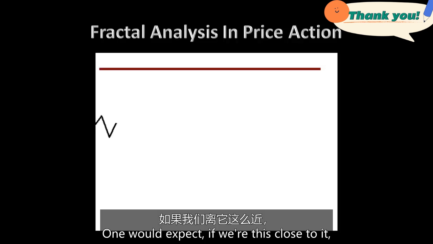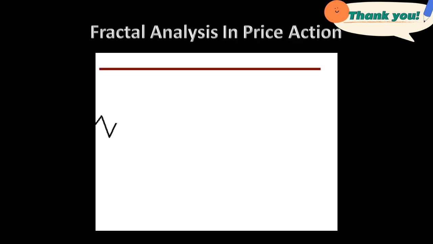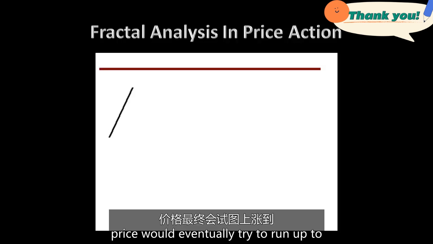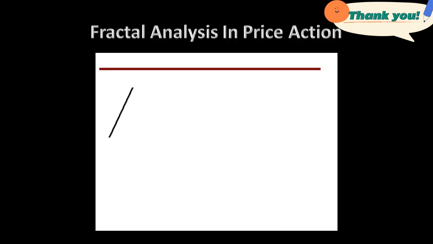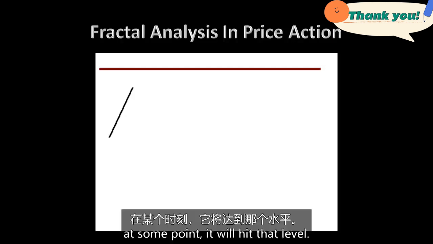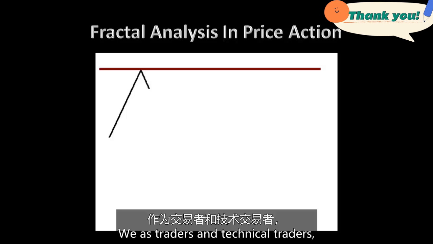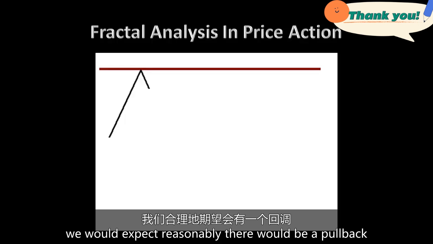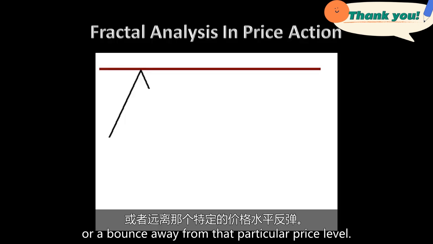One would expect, if we're this close to it, price would eventually try to run up to that key resistance level. Now, as price runs higher and approaches that resistance level, at some point it will hit that level. We as technical traders would reasonably expect there would be a pullback or a bounce away from that particular price level.